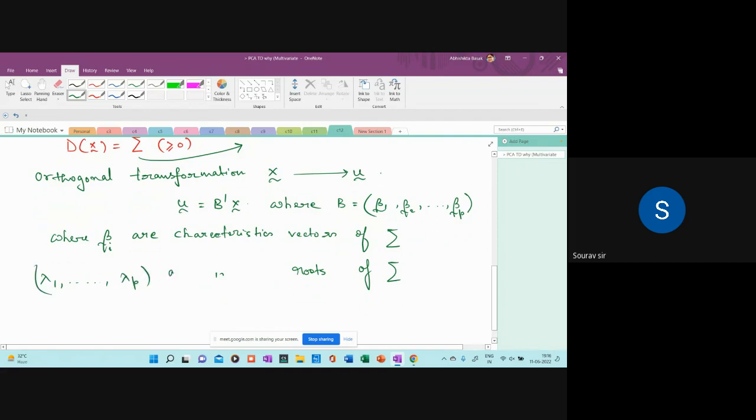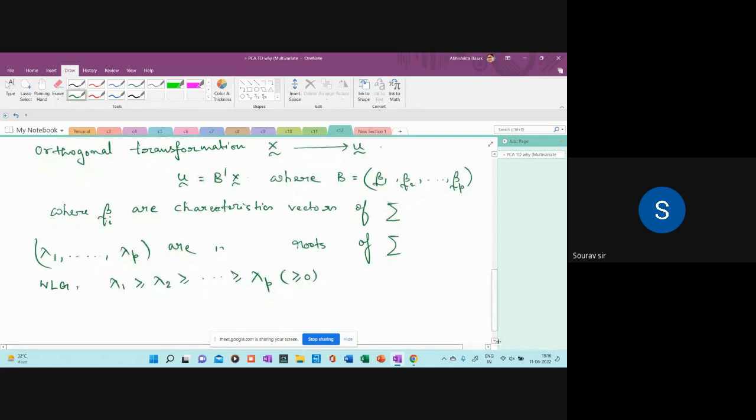These are the characteristic roots of sigma, and also we are assuming without loss of generality that lambda 1 is greater than or equal to lambda 2, and so on, greater than or equal to lambda p, greater than or equal to 0. So we are assuming that they are ordered. So this is the scenario and we are taking the transformation.